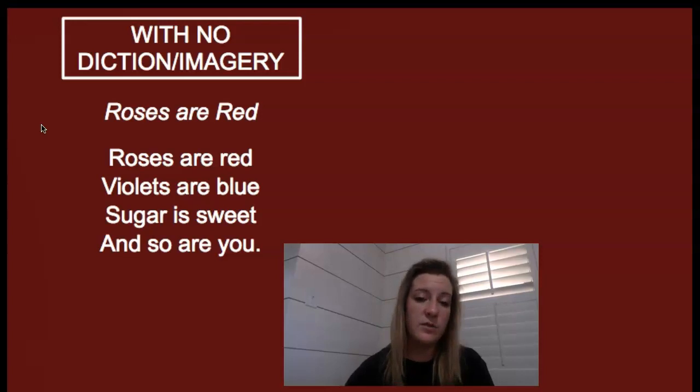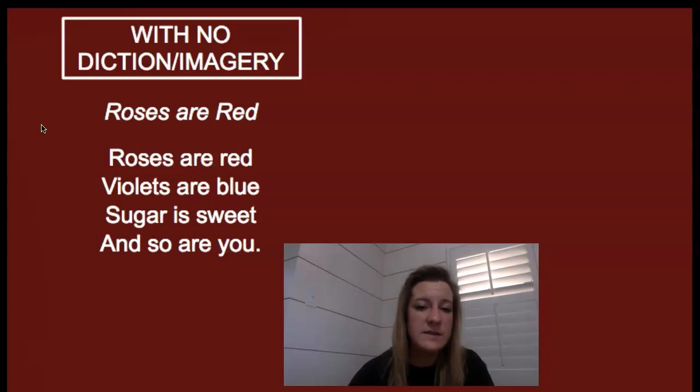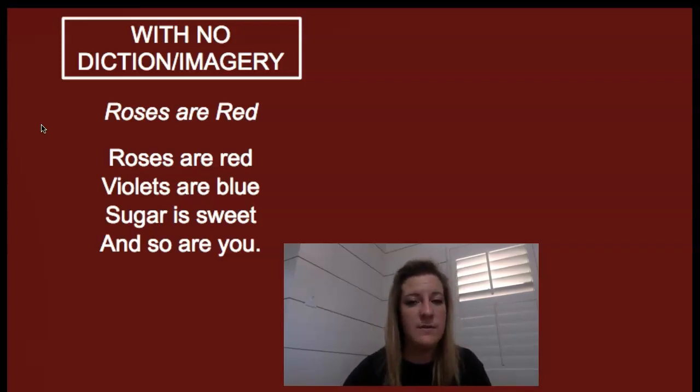You know that violets are blue, that purpley blue color. We all know that sugar is sweet. But the comparison here is at the end when it says, and so are you. So those visuals of the roses being red, and then the rhyme scheme, all of those things contribute to the message, which is how sweet someone is.